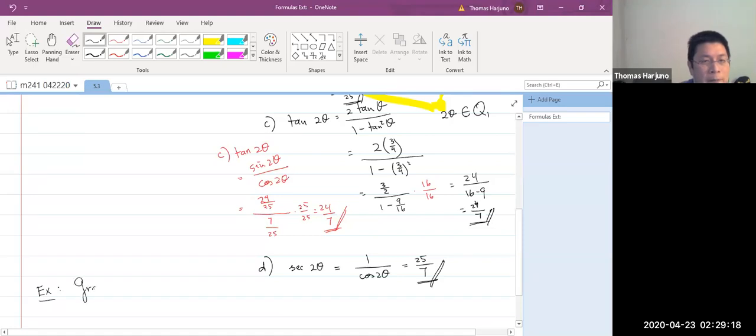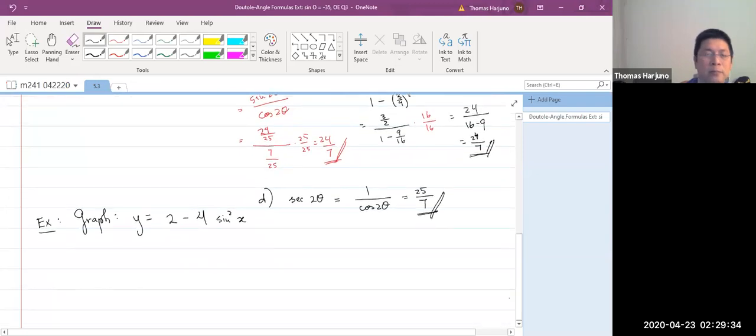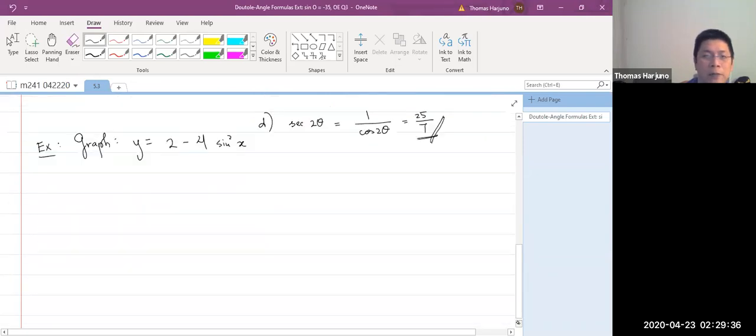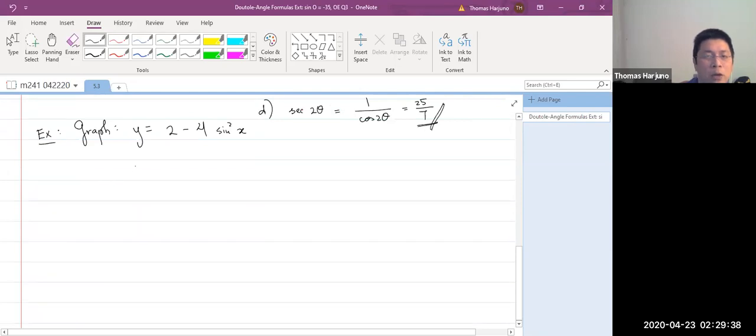Graph y equals 2 minus 4 sine squared x. We never graph sine squared x, but we can do it this way. You factor the 2, right?